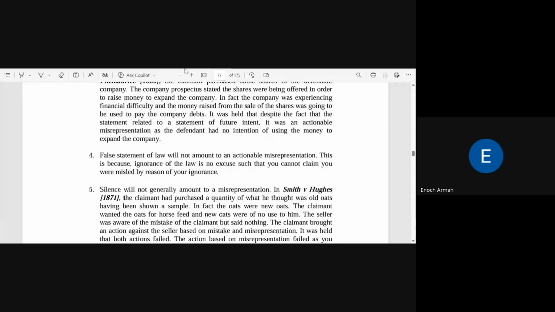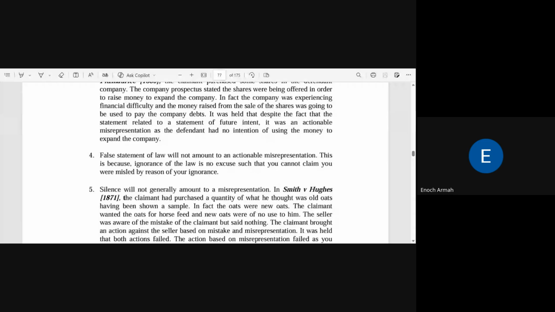Yes, sir. Please, I want to ask a question. Assuming you are building a house and you ask the foreman or the site engineer how many blocks it will take to build a two-story building, and the contractor or the engineer tells you that it will be about, let's say, 2,000 blocks.